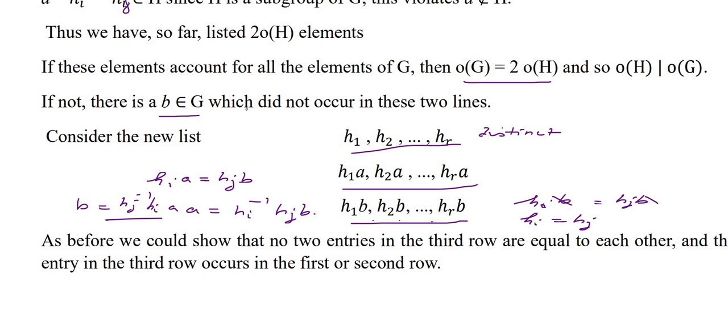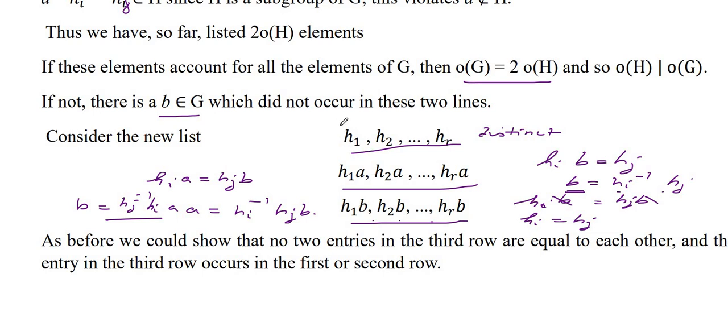So we get again a contradiction. And similarly, if I have HiB equal to Hj, then you will have B equal to Hi inverse Hj. These are elements in H, so this would be a member of H, one of the members over here. That is not possible, because we have assumed B not occurring here as well as here, that is our assumption earlier. So we get a contradiction.